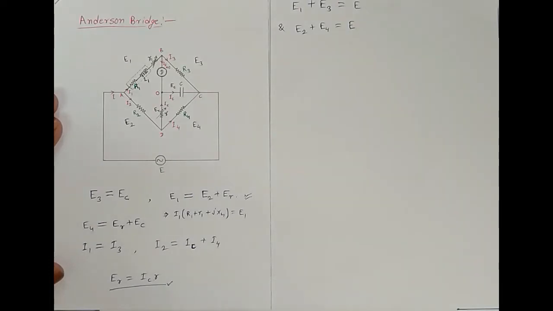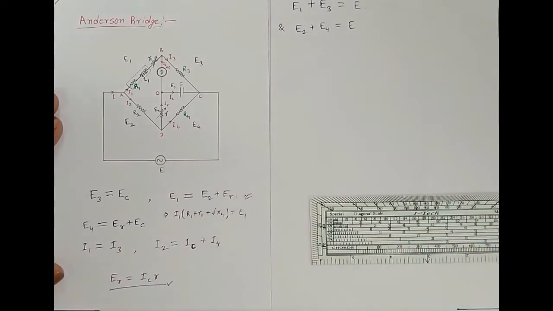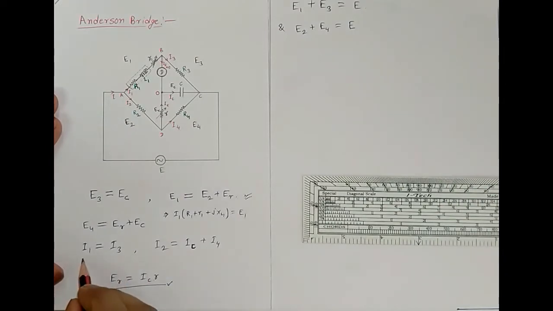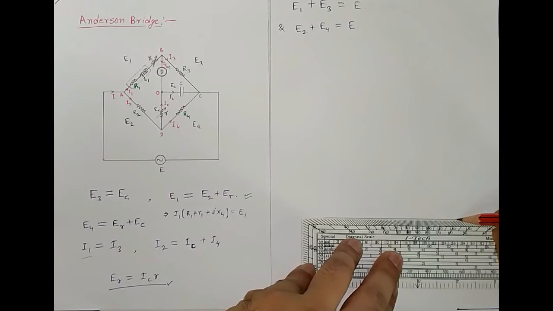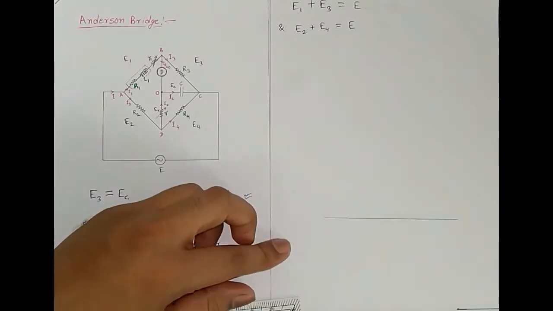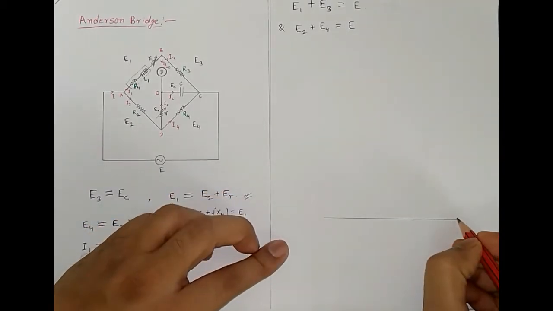Now start with the phasor diagram. First we have to assume any current. I have assumed I1, so just assume this is current I1.